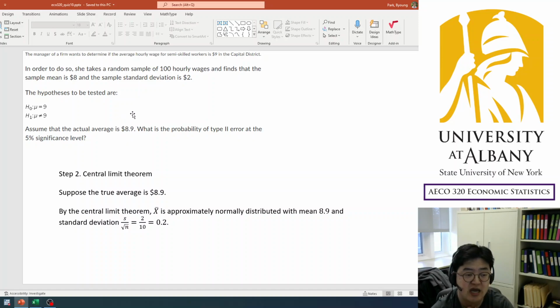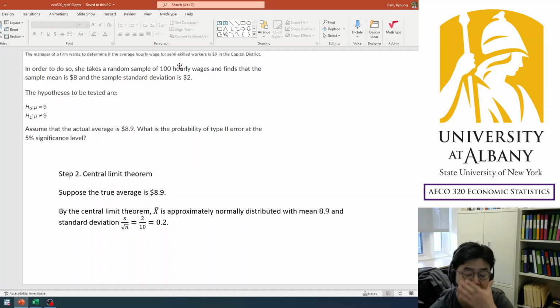So when you approximate X bar to a normal distribution, its mean should be 8.9, which is according to our assumption. And the standard deviation is not affected by your belief, so it is just coming from these two numbers.